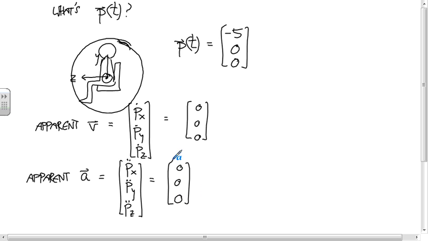Okay. And what's the problem here? Well, the problem is, say that we had force sensors mounted in the chair, and we were actually measuring the forces that were being applied to the astronaut by the chair. They'd be reading big forces because that chair would have to apply big forces to keep him spinning in that circle.